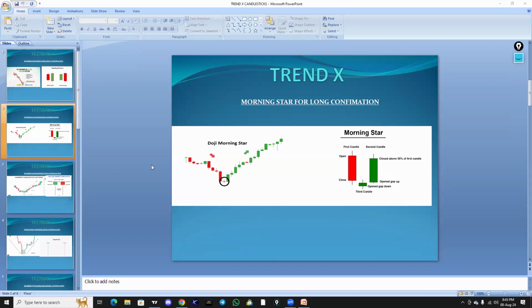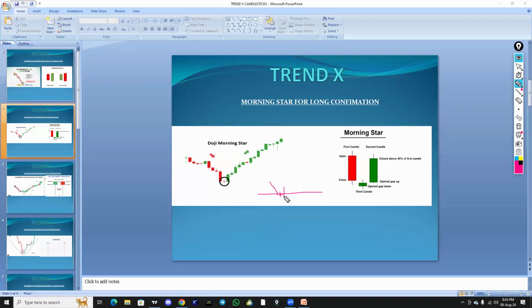Now, one thing you should remember: when we see these types of candles, the morning star, evening star, whatever, assume that there is a support here. I'll just draw one line. There is support here. As soon as it drops here, we will see a doji somewhere here.